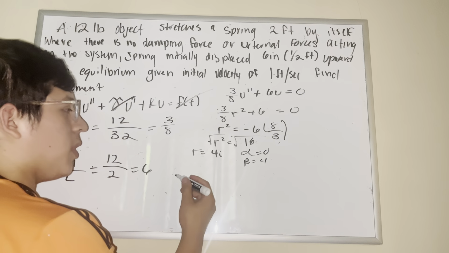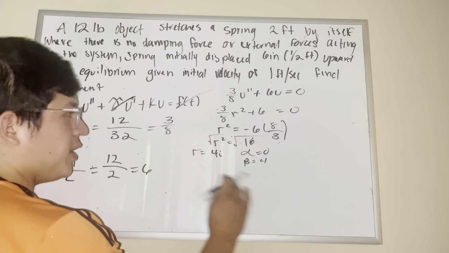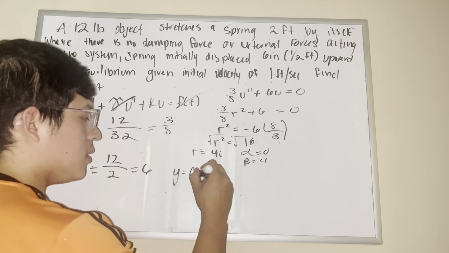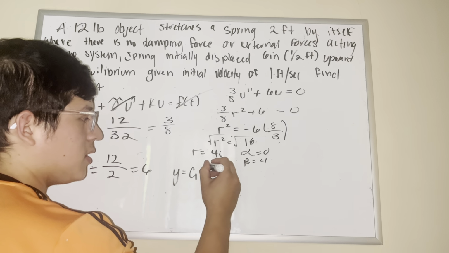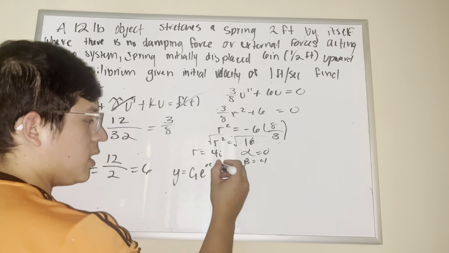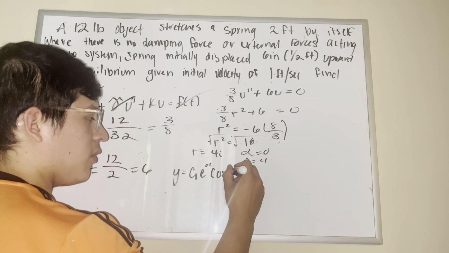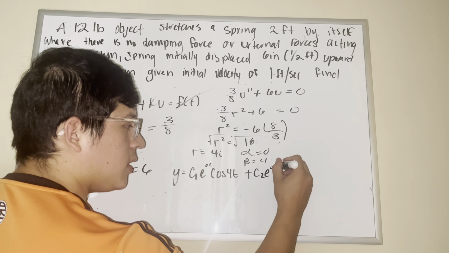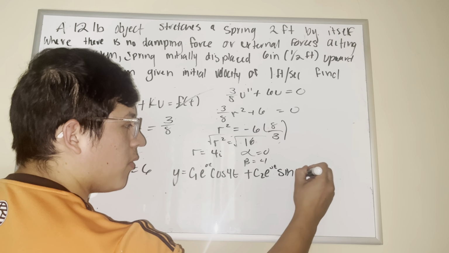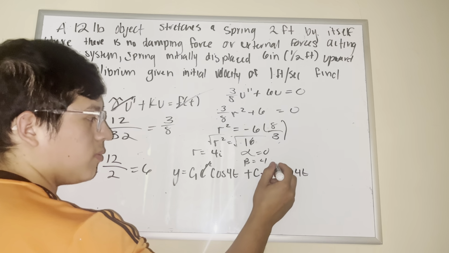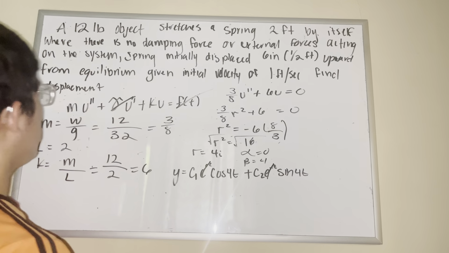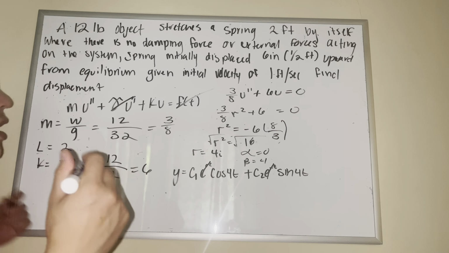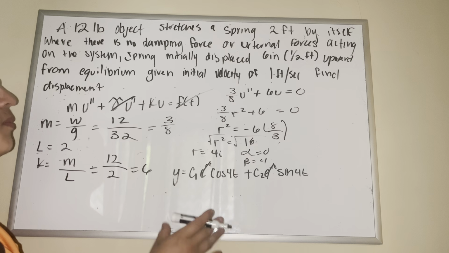Plugging into our equation for complementary solutions, we get u is equal to c1 e to the 0t cos 4t plus c2 e to the 0t sine 4t. These e terms are just 1, they go away. I'm going to keep on setting up this equation.